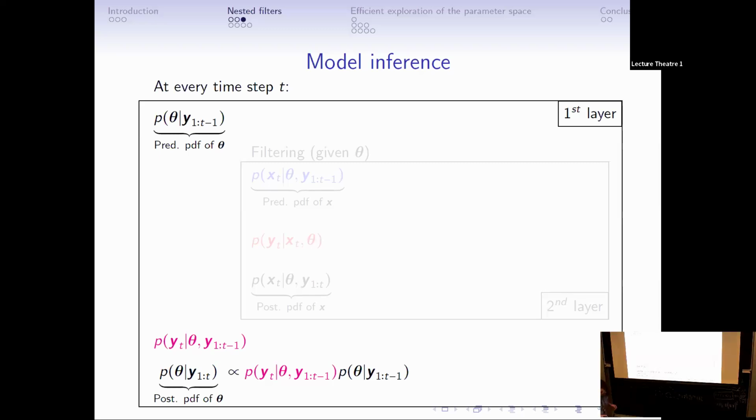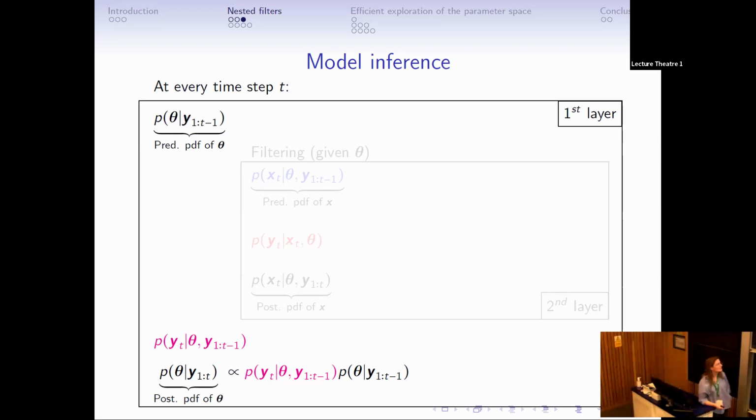So how do we do that? As I said, theta is static, so our predictive distribution of theta is basically the posterior at the previous time step, where there is no transition for the parameters or anything. If we want to obtain the posterior of theta, we have to obtain a likelihood conditional on theta, in order to update the predictive.